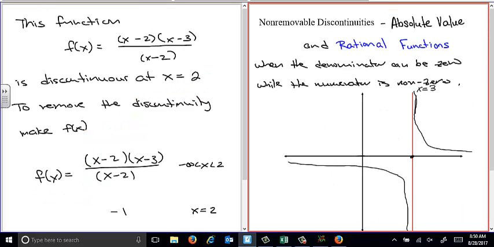The other kind of discontinuities are called non-removable discontinuities, and those are the result of absolute value type functions or rational functions where the denominator goes to 0 but the numerator doesn't. So we looked at that just a little while ago. The x minus 1 over x minus 3 was the case of a discontinuity, but it's non-removable.